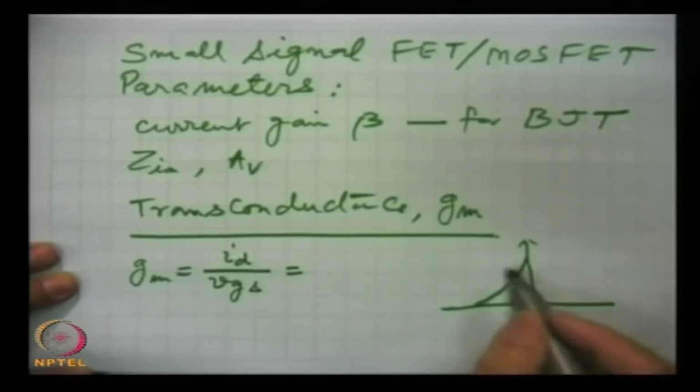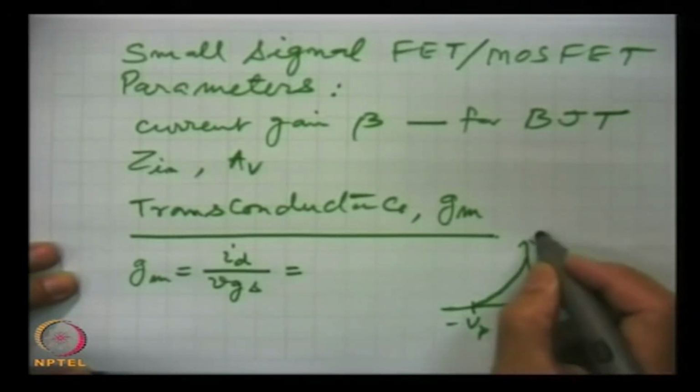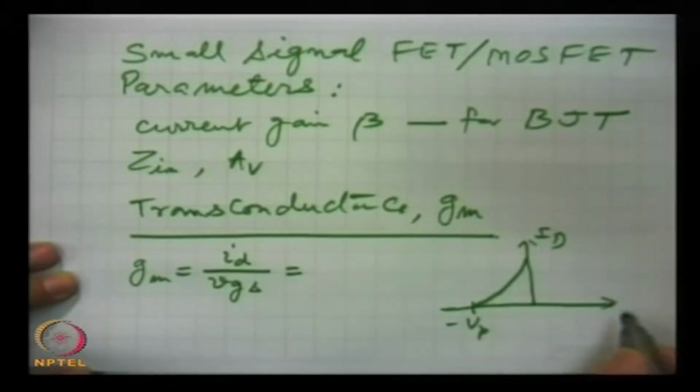here this is the transconductance curve, and this is Vp, and this is ID, this is VGS.